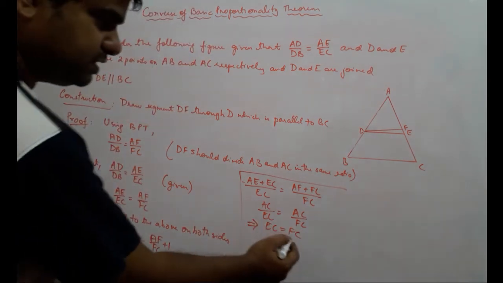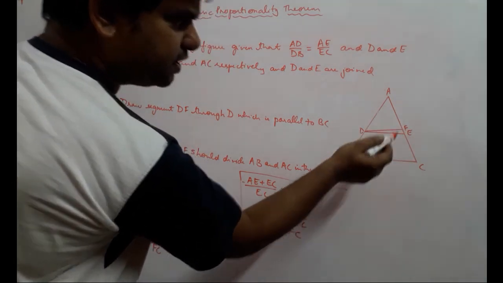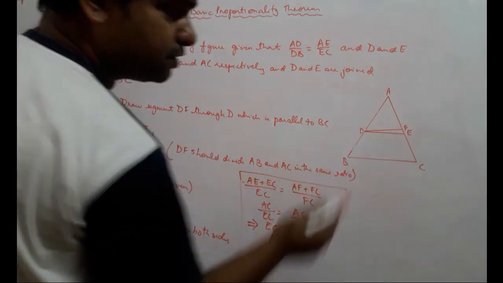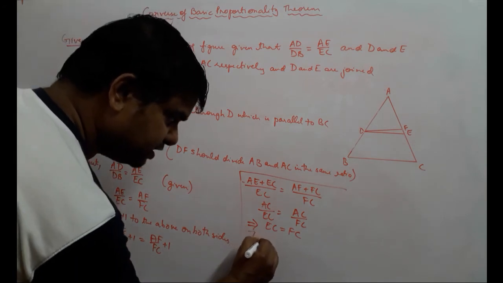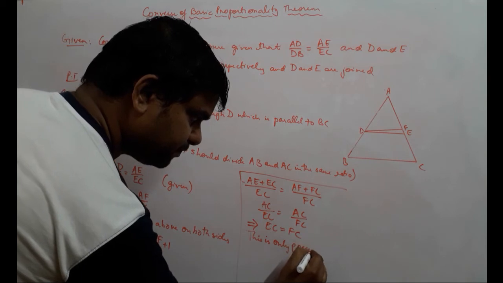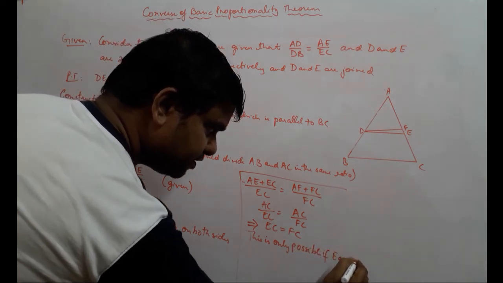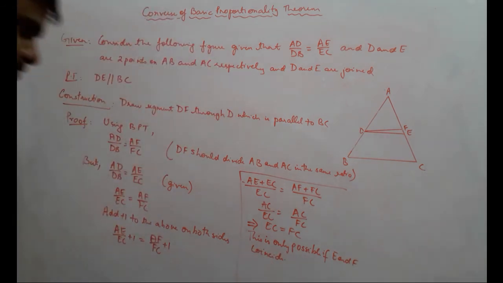Now it says EC is equal to FC, which means this full length is equal to this length. That is only possible if both F and E coincide.